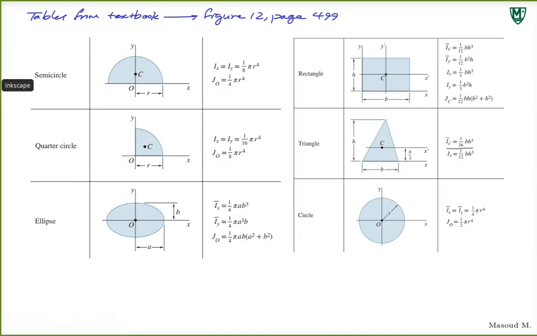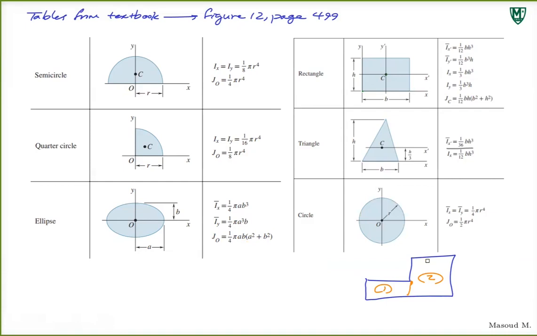If you have something like this and you want to find the area moment of inertia for it, you will just break it into two rectangles like this. You know the area moment of inertia for each, so sum them up. Or you could do it a different way. You might say, I want to break it this way, and then you add them up.